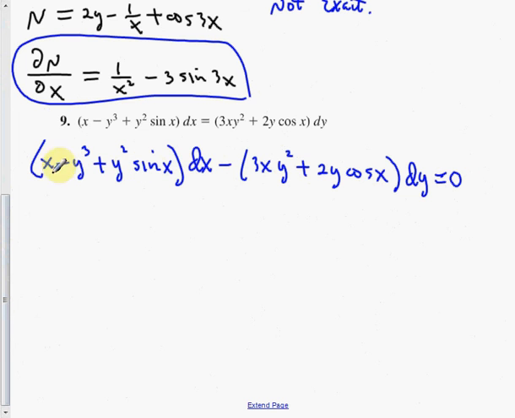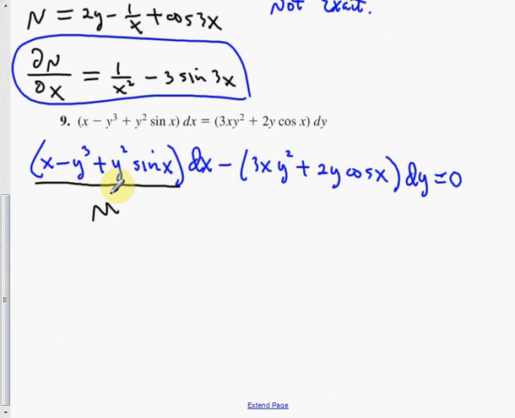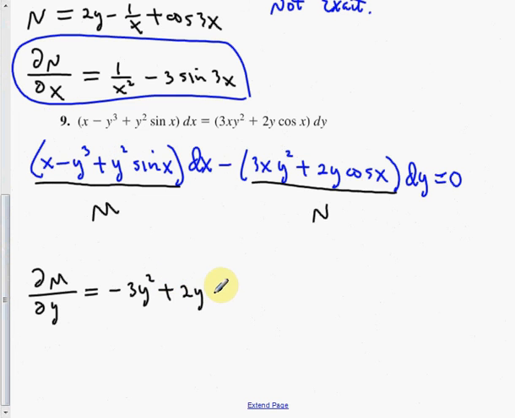So we clearly see that this is m, right? And this is n. So I take the partial of m with respect to y. Here, the derivative of x with respect to y is just 0. This becomes negative 3y squared. And then the derivative of y squared is plus 2y times its coefficient sine x.